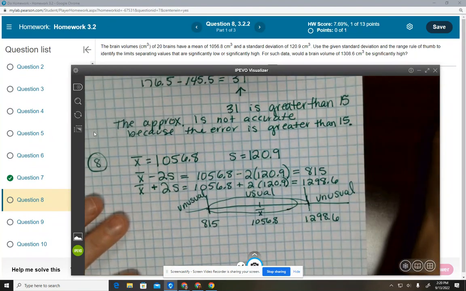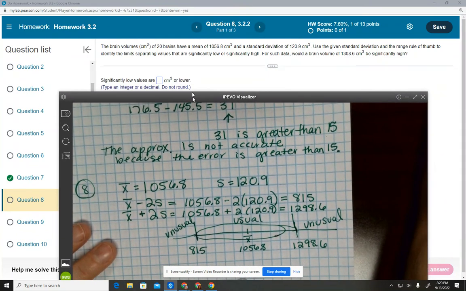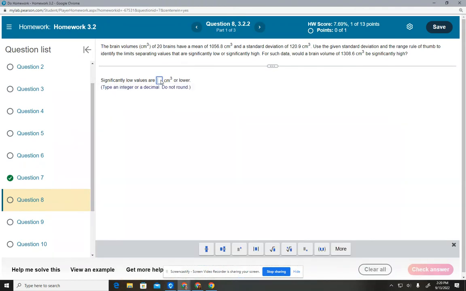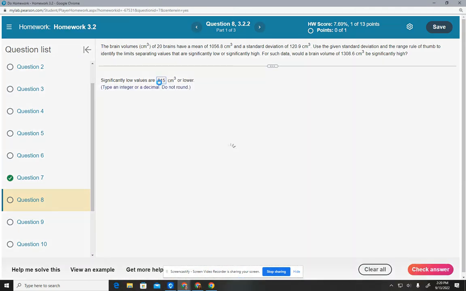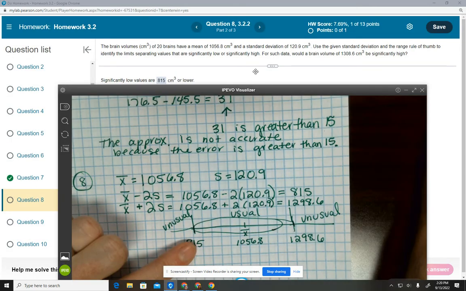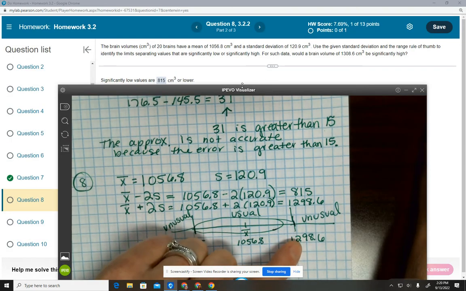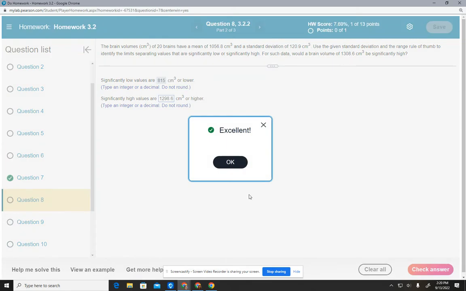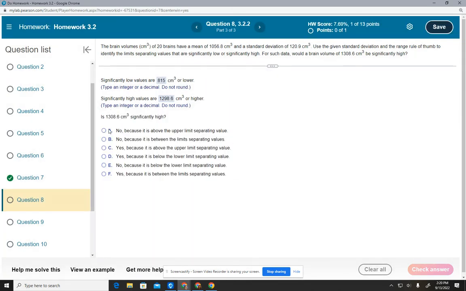So let's look at what the problem says. Significantly low values are, so that would be 815 or lower. Significantly high values, that is the 1298.6. So is this significantly high?